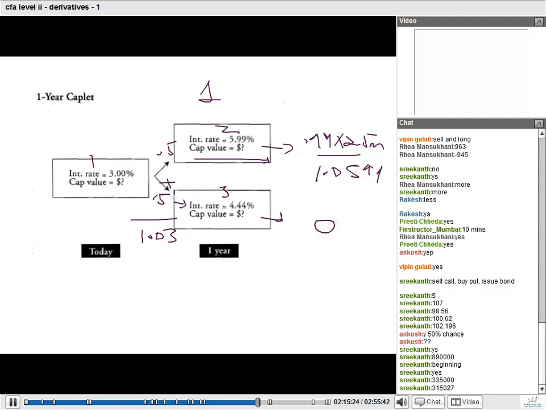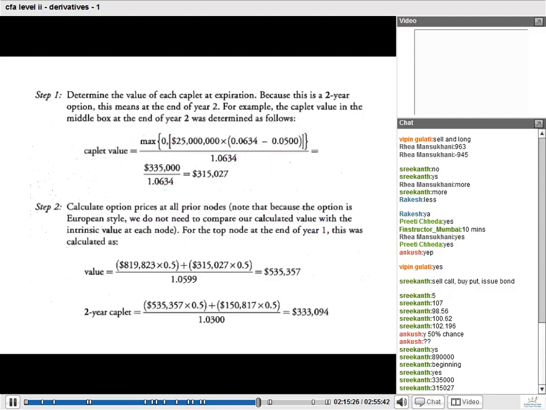The cap is a 2-year annual reset. It means it has 2 call options. So for the 2-year caplet, the value comes out to be 333094 in the manner that we discussed.